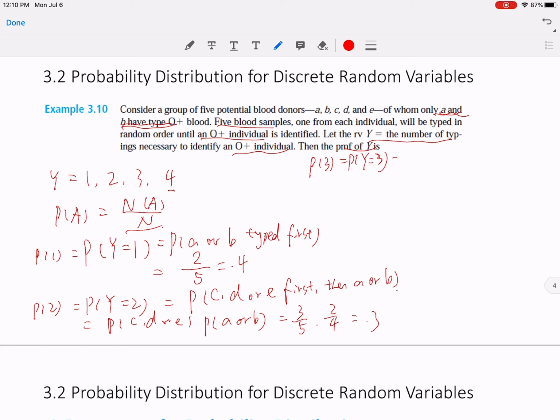That means the first 2 are coming from C, D, or E, and the third one is coming from A or B. So that would be equal to the probability of, say, C, D, or E first and second, then A or B.